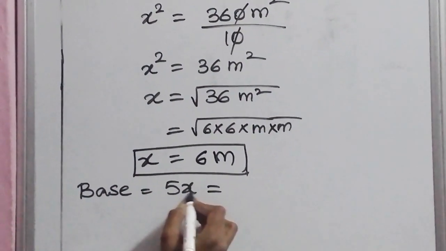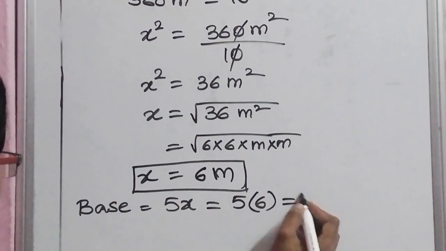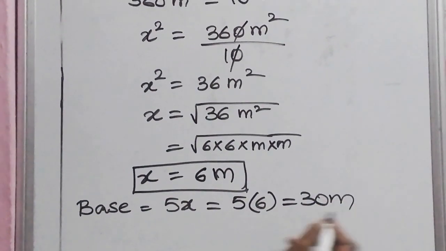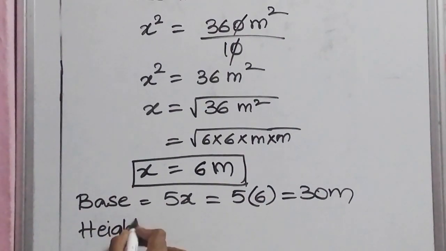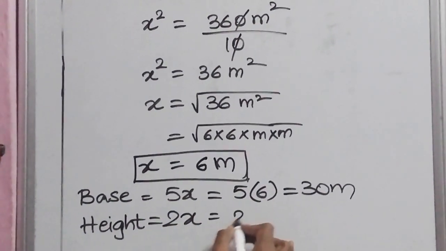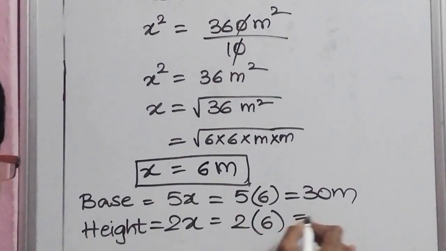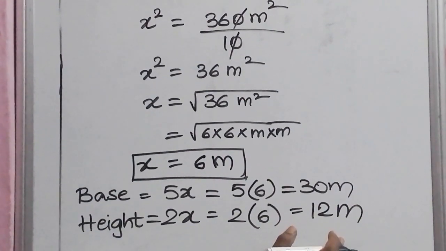In place of x you substitute 6. 5 6s are 30. The units are meters. Next, height we should find out. Height is 2x. So 2 into 6. 2 6s are 12. So height is 12 meters.